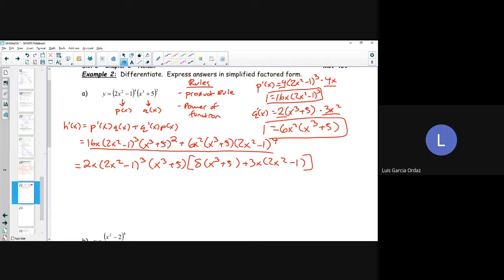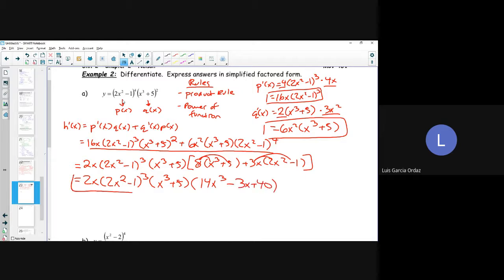And now what's left to do is to expand and simplify my bracket. So multiply 8 by my binomial here and 3x by my binomial on the other side of the plus sign. So what I get when everything is simplified is 2x times (2x squared minus 1) to the power of 3 times (x to the 3 plus 5), all multiplied by (14x cubed minus 3x plus 40).